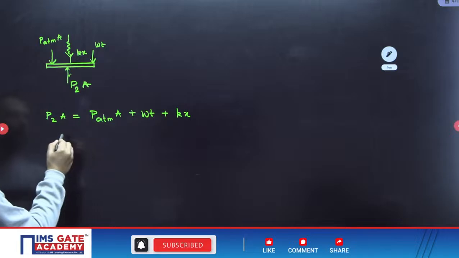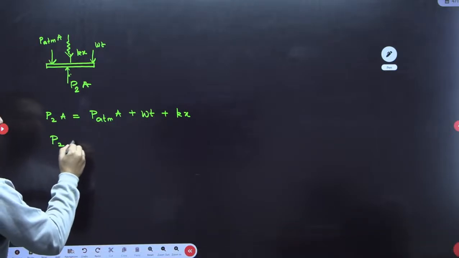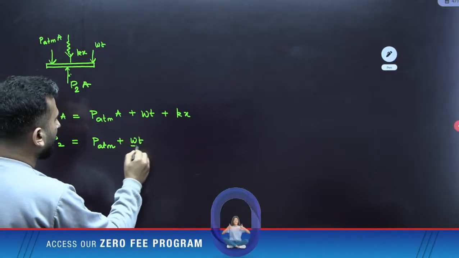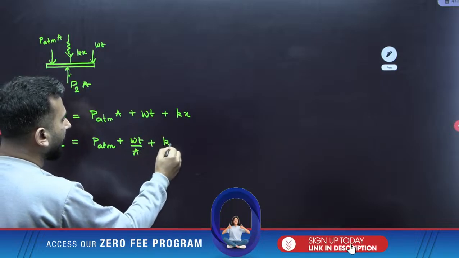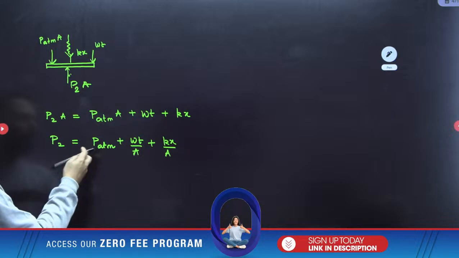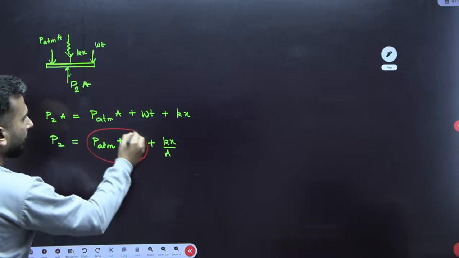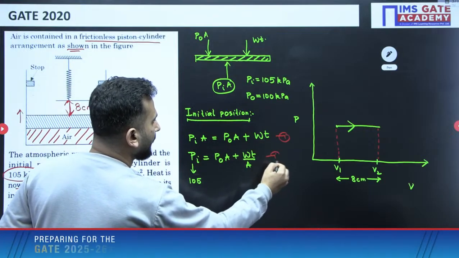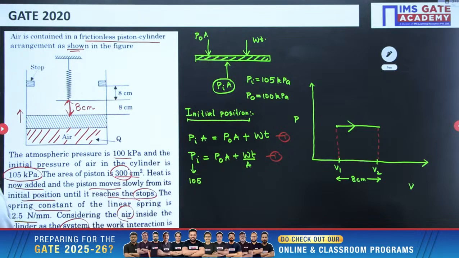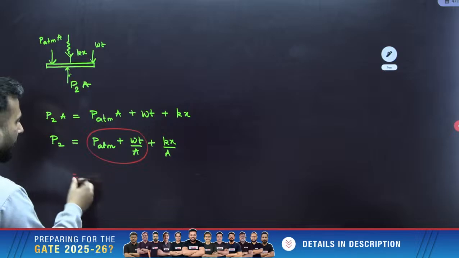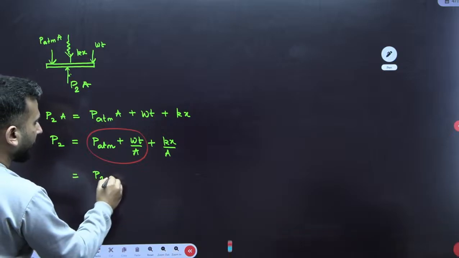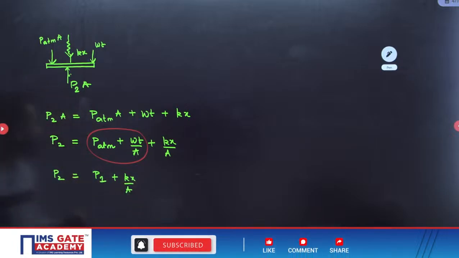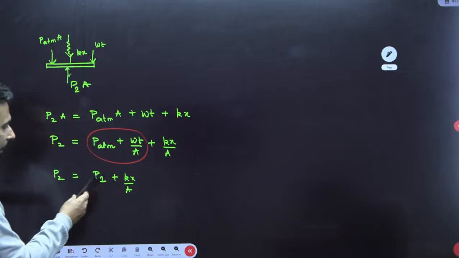If I try to find P2, it will be P atm plus weight by area plus Kx by A. Now my dear friends, from the first equation, P naught A plus weight by A is nothing but Pi, or P1, you can say, same thing only, plus Kx by A gives P2.